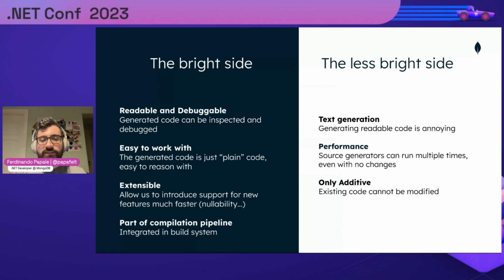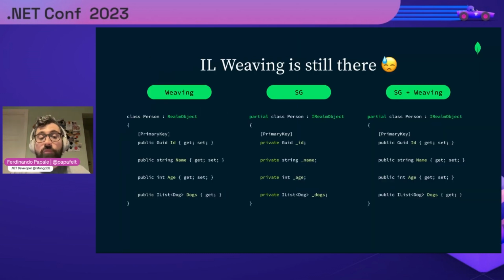And this also means that we didn't completely remove IL weaving. We couldn't. If you look at the model definition here on the left, this is the model definition that you had with weaving, with the base RealmObject class. In this model definition, the user already defines the properties, and we couldn't simply modify them with source generators, because source generators can only add new things, they cannot change what's already there.